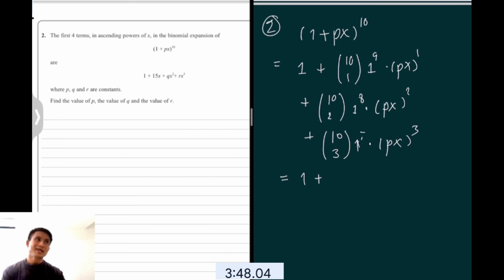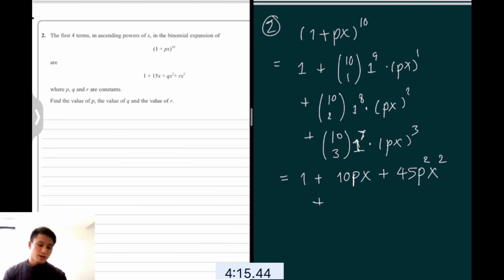And we just simplify each term. So 10C1 should be 10, 10 times 1 is 10, so this is 10px. And the third term, 10C2, if you plug in the calculator, you should get 45. 45 times 1 is 45, so 45p squared x squared. And then the last term, oops, this is 7.